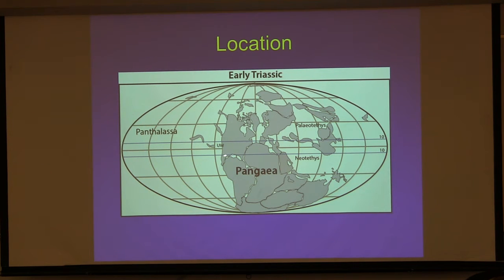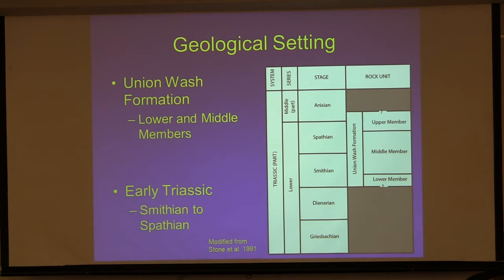Union Wash was located on the western edge of the North American portion of Pangaea during this time, within 10 degrees of the equator. The lower member was in the Smithian stage of the early Triassic.